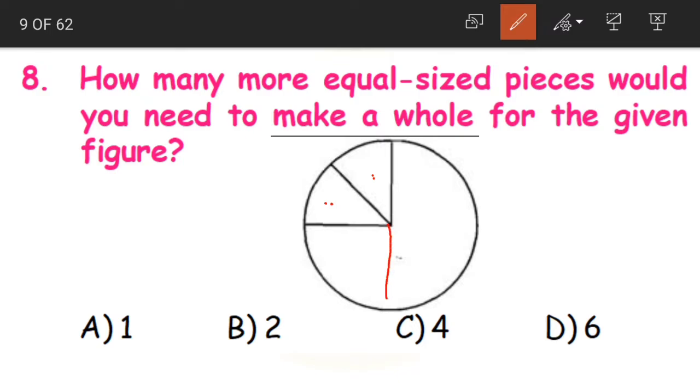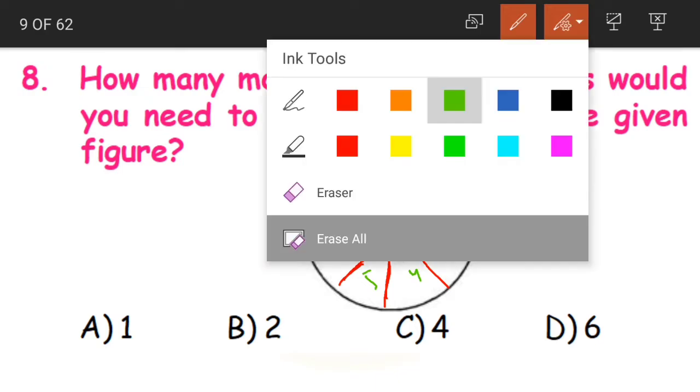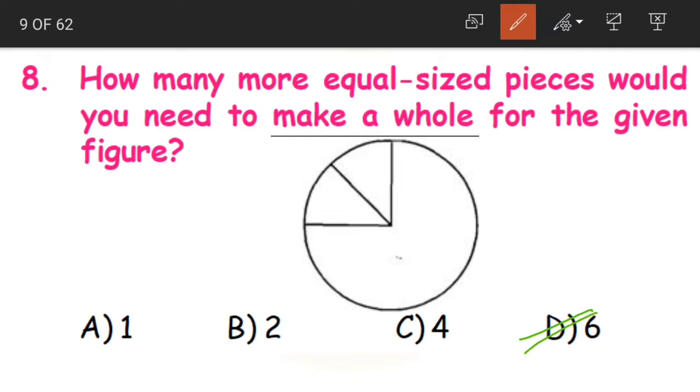See, if you draw along these lines and complete the figure, how many more do we need? 1, 2, 3, 4, 5 and 6. See, we need 6 more pieces to make the figure a whole.